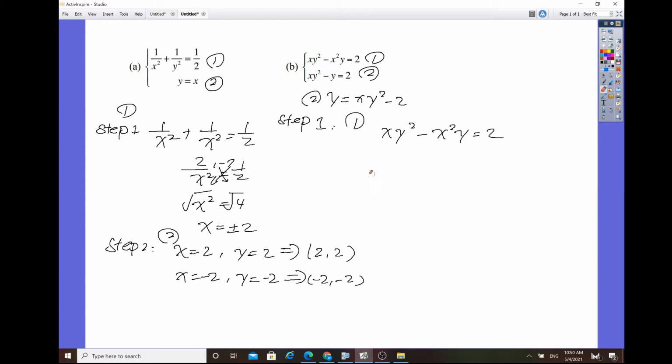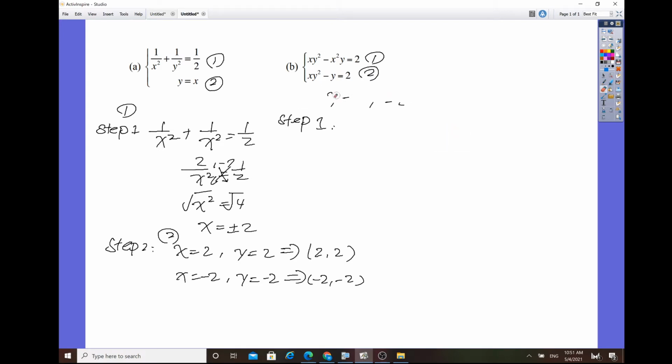So y equals xy squared minus 2, so x times (xy squared minus 2). Then that would be just more variables involved. So instead of using the substitution technique for this one, let's apply the elimination, or linear combination, technique. Let's try to do it that way and see what happens.